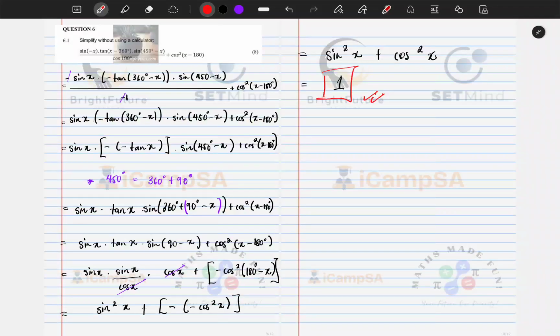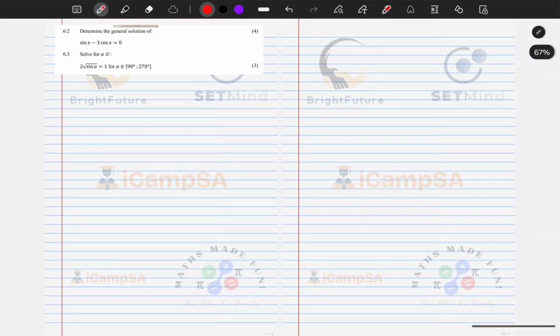Right. So now let's look at the other question here. The other question that we have is going to be your 6.2. So they are saying determine the general solution of sine x minus 3 cos x is equals to 0.